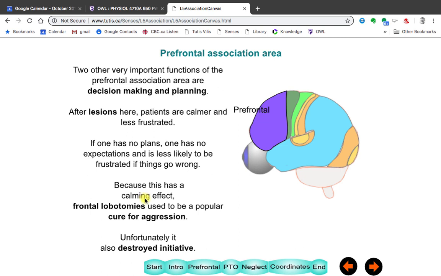So because of this calming effect, something called frontal lobotomies became popular. So they would make a cut here, separating this part from the rest of the brain. And people, of course, that would cure things like aggression. Unfortunately, it also destroyed initiative.